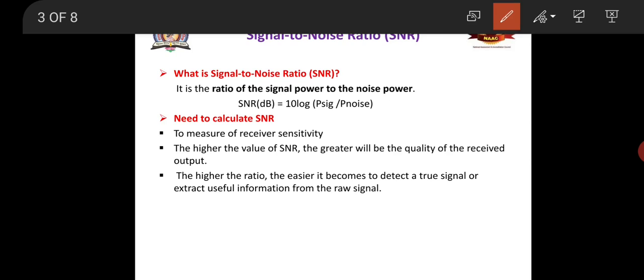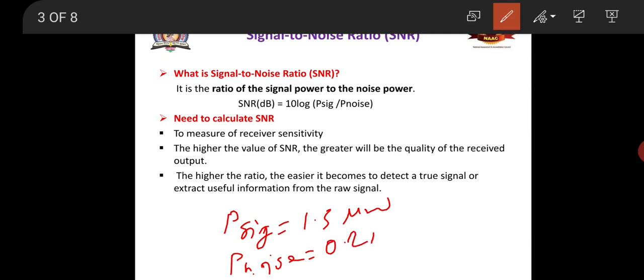Now, if the input signal power P signal is equal to 1.5 microwatt and the noise power, denoted by P noise, is equal to 0.2 microwatt, and we substitute this in the above formula, it will be 10 log of 1.5 to 0.2.